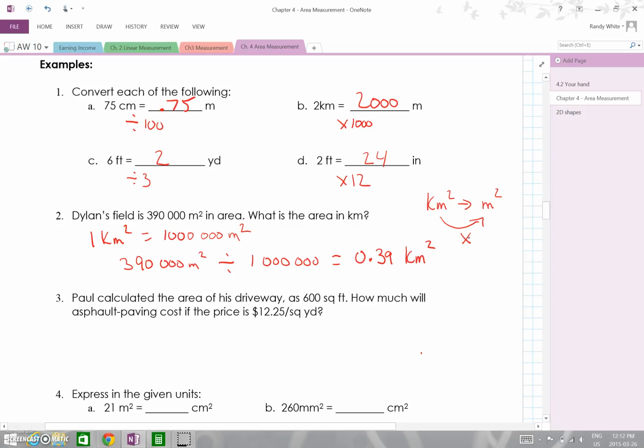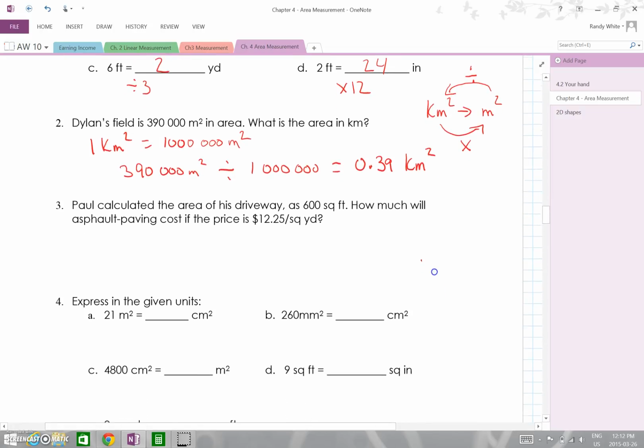But when I'm going reverse, so in this case I had to go from meters to kilometers, I'm going in the reverse, that's when I'm going to divide. So you'll find this helpful whenever you're given a table. If you have to go from left to right, you're always going to multiply. If I'm going from the unit on the right to the unit on the left, that's when I need to divide.